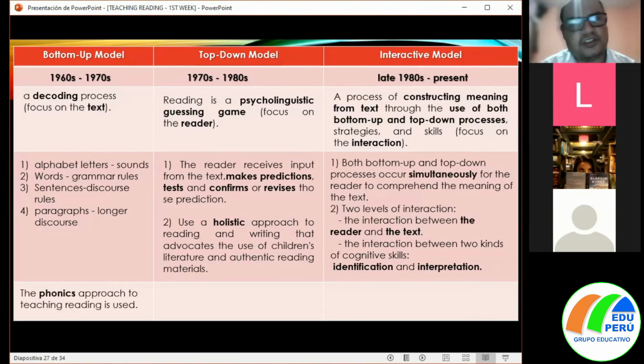What is the approach that you're going to use in each model? In the first model, you're going to use the phonics approach to teaching reading. What is phonics? Do you have any idea what phonics means? Have you heard this term before?